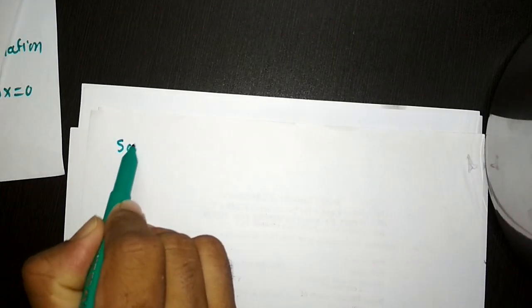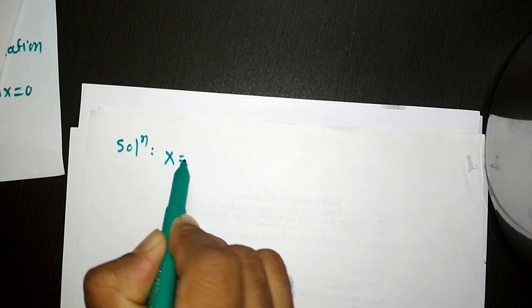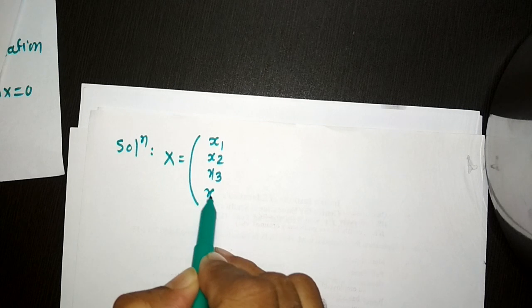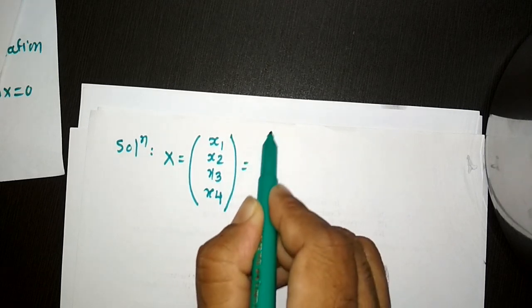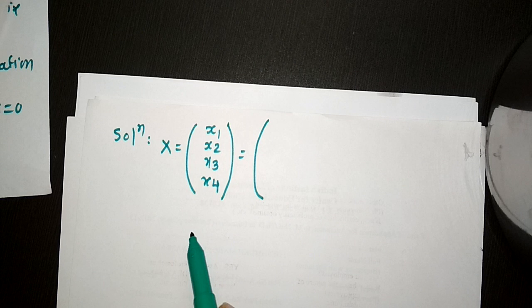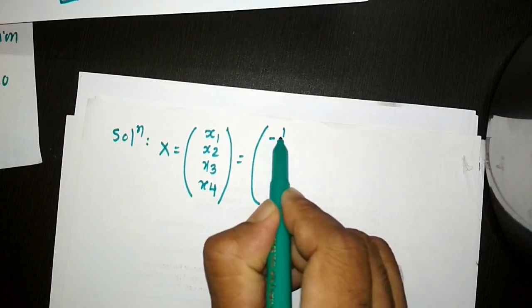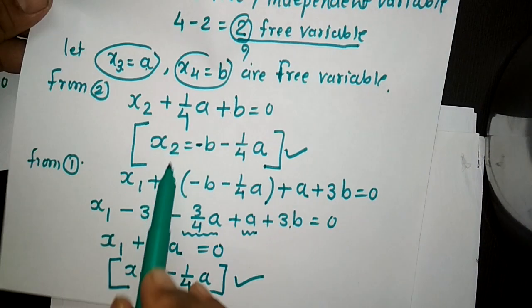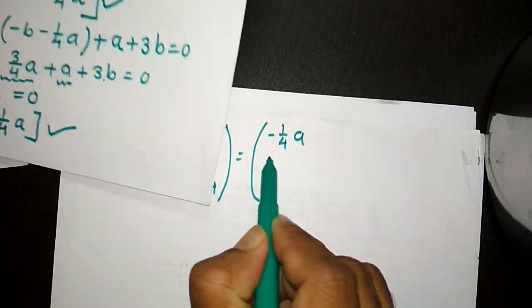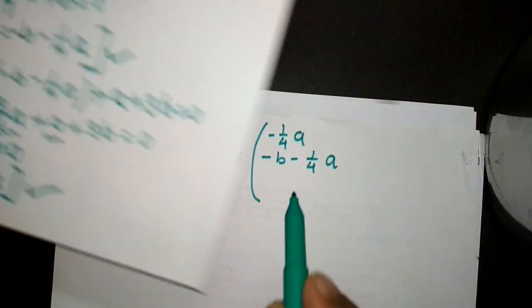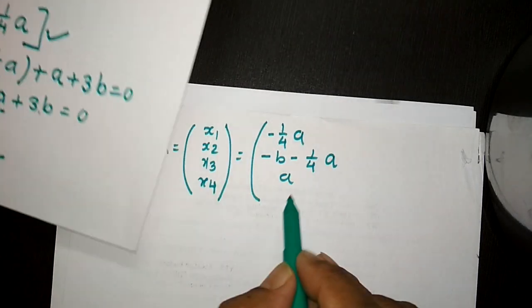Hence we write the solution in a systematic way. Solution means the values of x1, x2, x3, x4. x1 is minus 1 by 4 a, x2 is minus b minus 1 by 4 a, x3 is a, x4 is b.